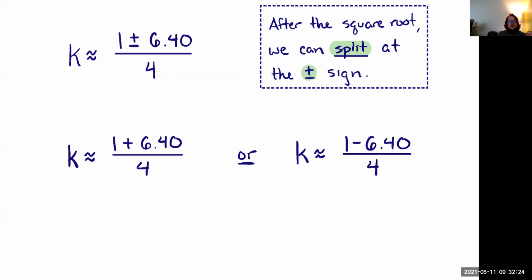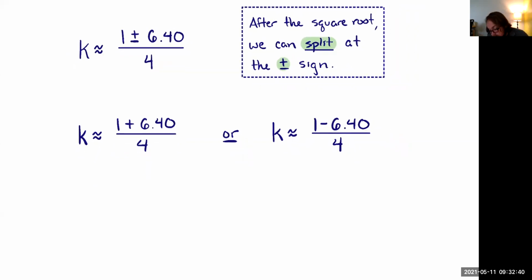Notice the only difference between the 2 of them is where the plus or minus was. One of them is now the plus, one of them is now the minus. All that's left is to finish solving each of these. I usually go down one of them all the way before switching to the other.